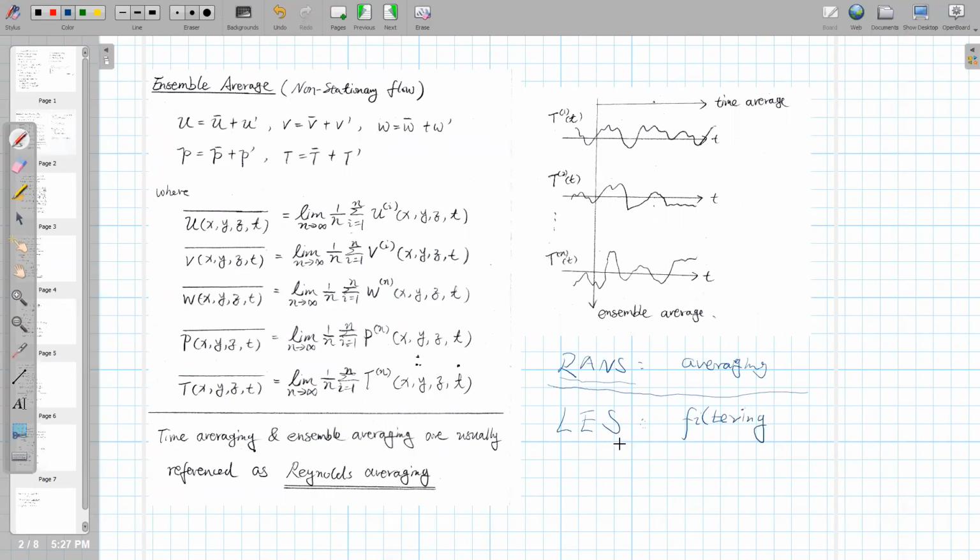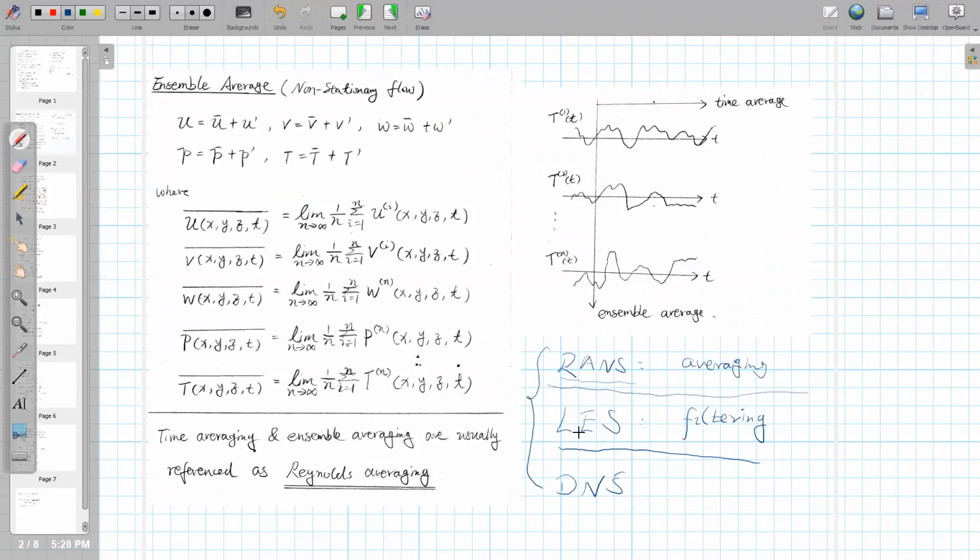I will explain a little bit what filtering means. And the last one is DNS, direct numerical simulation. These are the three major numerical techniques we have to solve turbulence problems. We will focus more on RANS in this class.